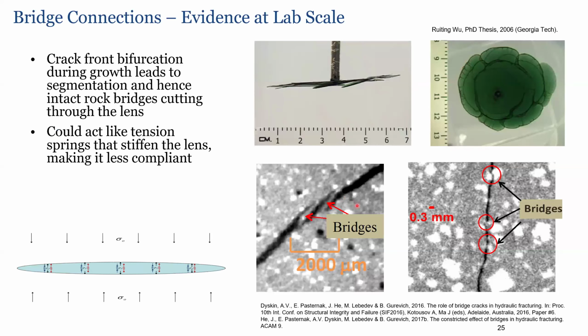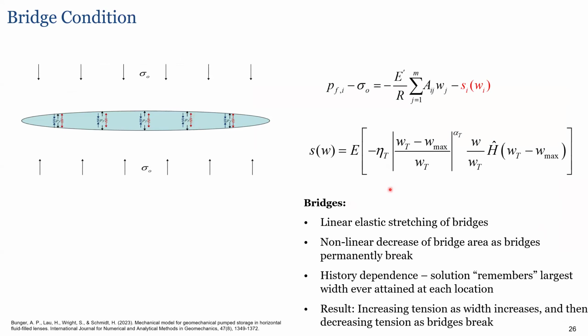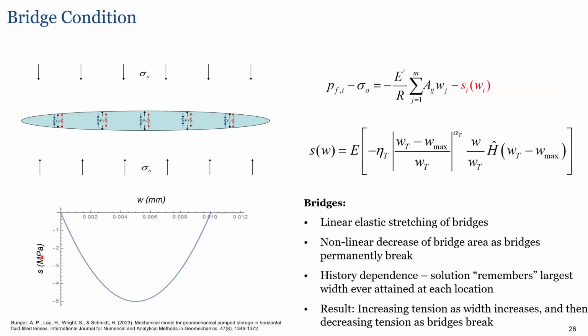So we model it by filling the lens with springs that have a certain stiffness and a certain softening law. This is our spring law versus width. It looks a lot like a traction separation law. If any of you have done cohesive zone modeling, it looks a bit like that. You have a certain stiffness, a certain peak, a softening, and an ultimate displacement where it breaks.